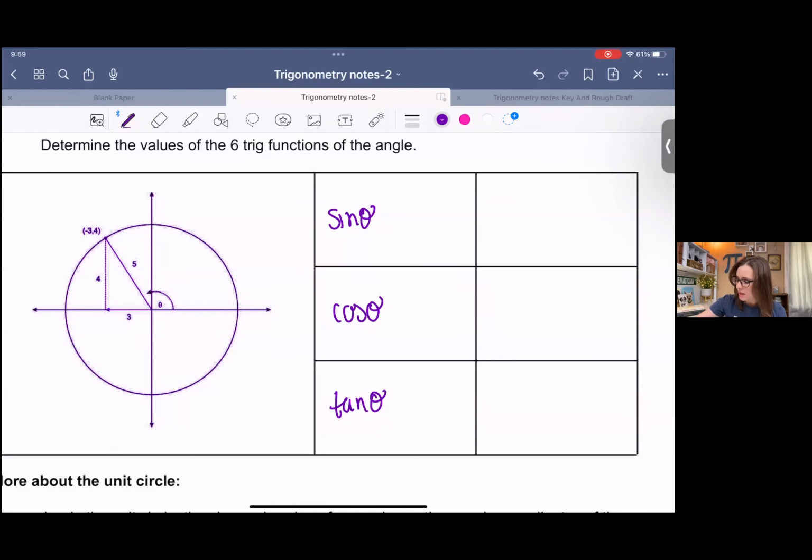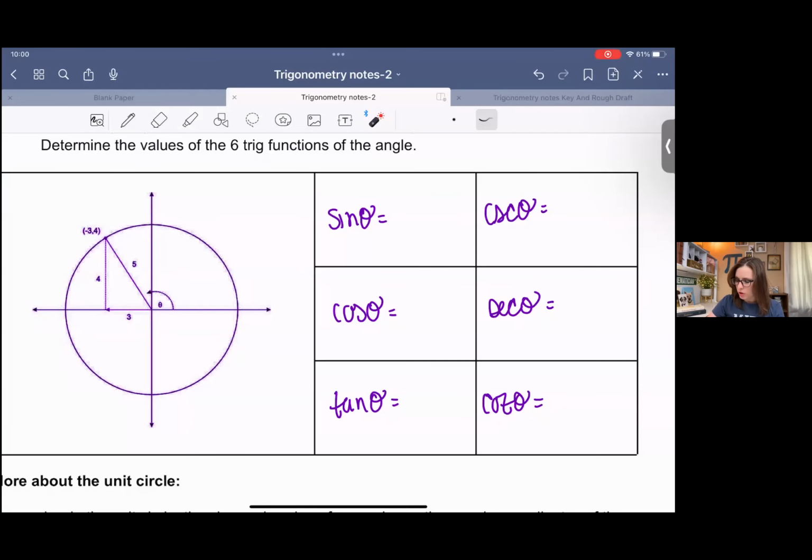Okay, and then the right side of this table will be cosecant, secant, and cotangent. I wanted to clarify something before we get started that I didn't mention. I did say theta was here. So you're probably wondering, why did we draw this triangle here?